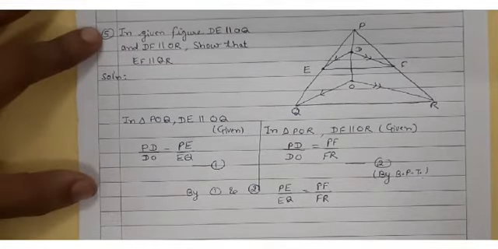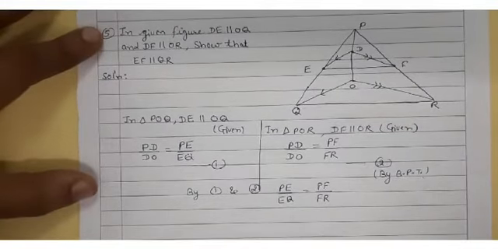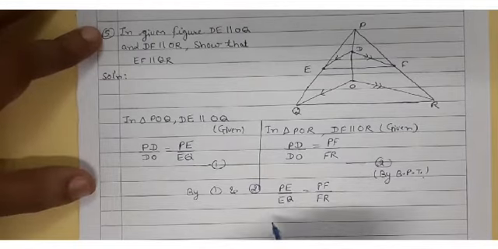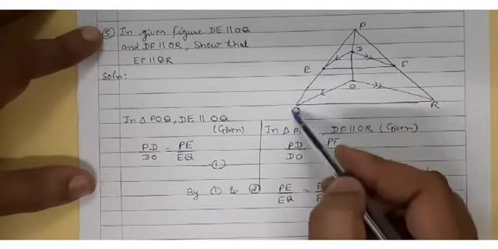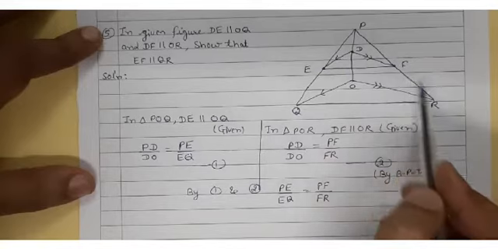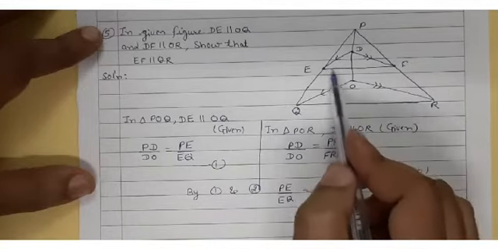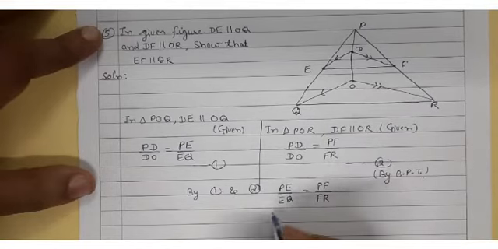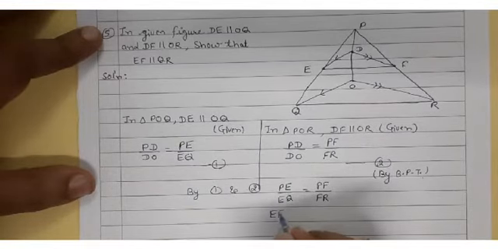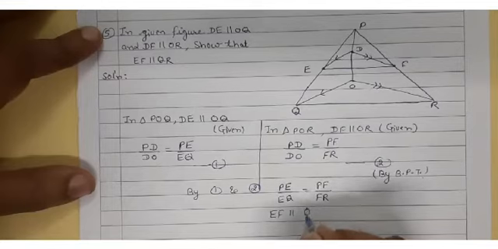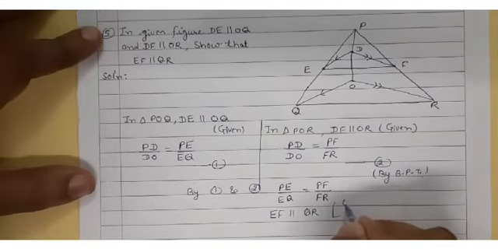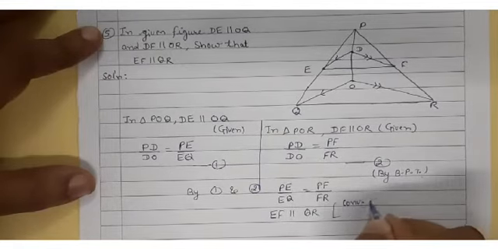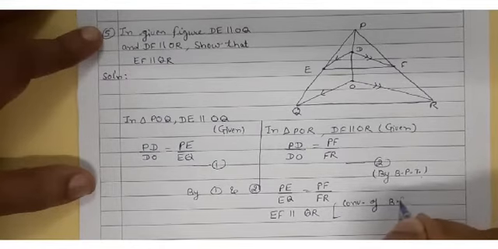If both are equal, then by converse of BPT theorem, if PE upon EQ is equal to PF upon FR, then definitely EF should be parallel to QR, by converse of BPT.